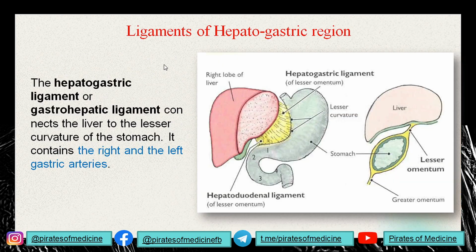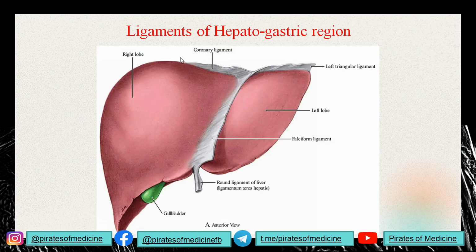So anyway, another important ligament of the hepatogastric region is the hepatogastric ligament, which connects the liver to the lesser curvature of the stomach. It contains the right and the left gastric arteries. Then we have another few ligaments of the liver. You can see this is the coronary ligament of the liver, on the superior surface of the liver.